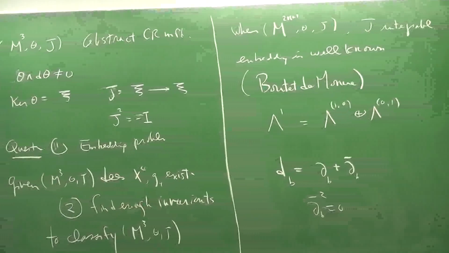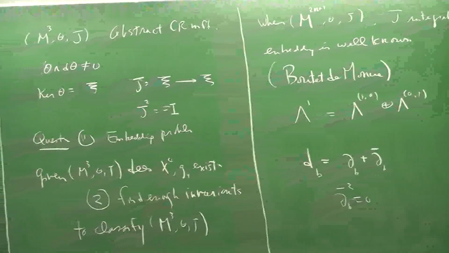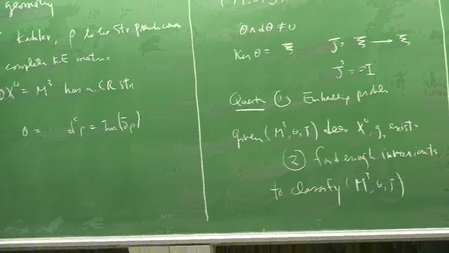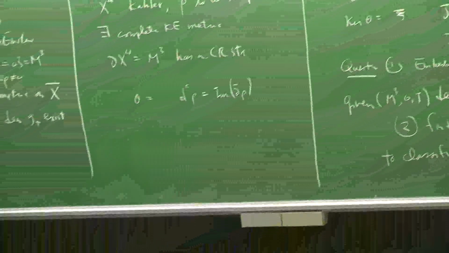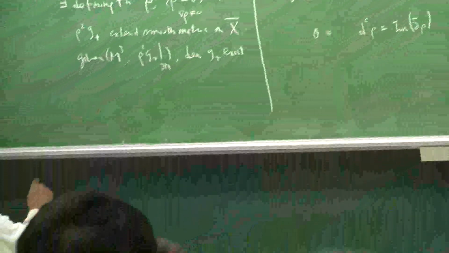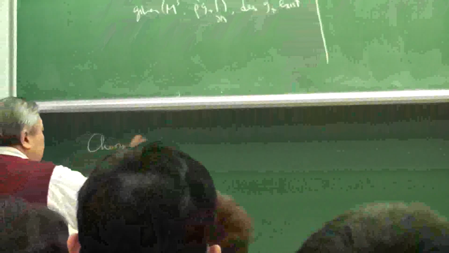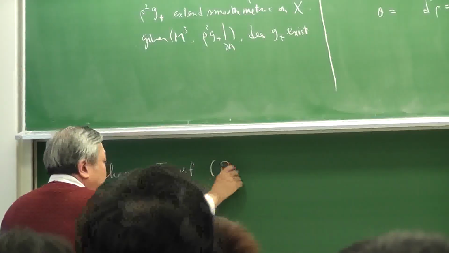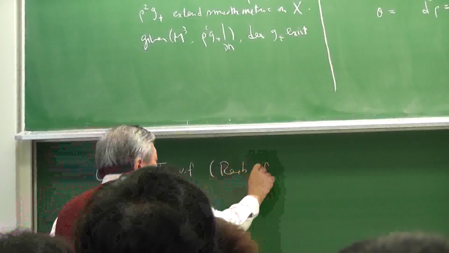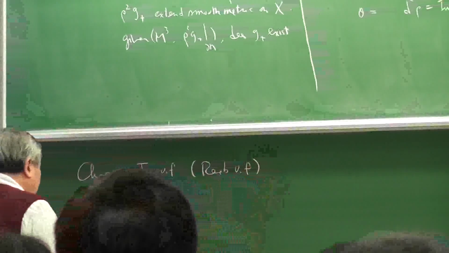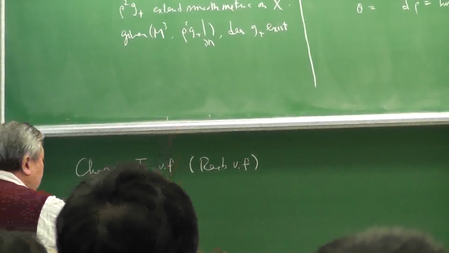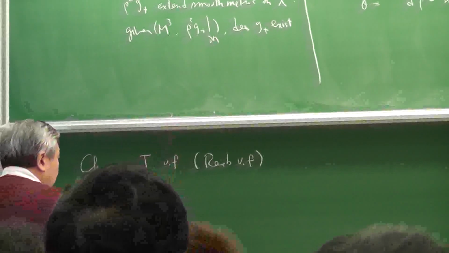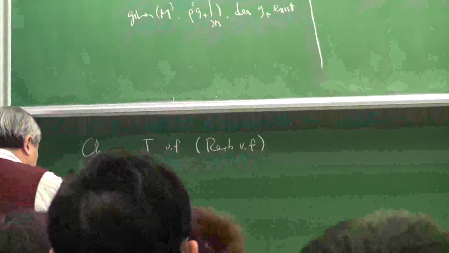Okay, so to define local invariants, first let's normalize things a little bit. Okay, so first I find the following. I choose T, a vector field. You can choose it in a canonical way, that is given theta, you want the Lie derivative of theta in the T direction to be equal to 0.